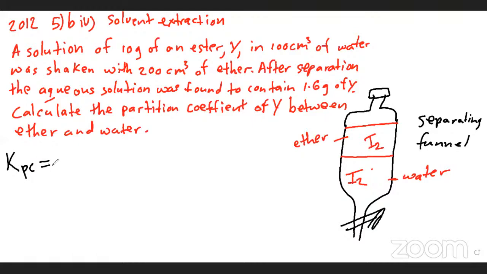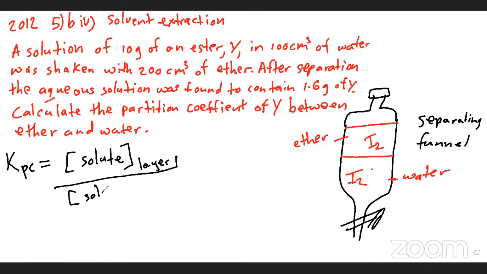If you want to find it, it is the concentration of your solute in a particular layer. I'm going to say layer 1, divided by the concentration of the solute in the other layer.